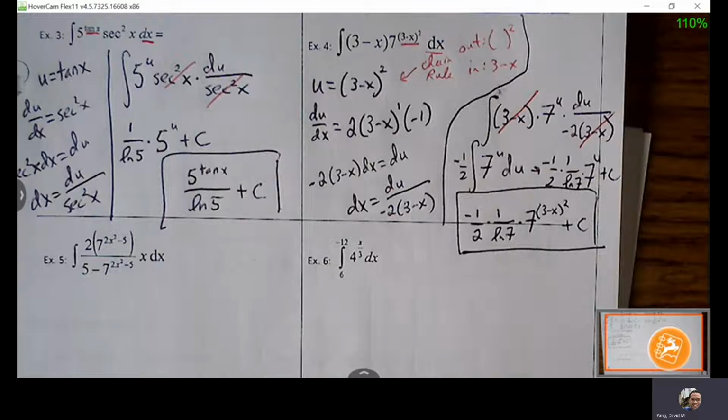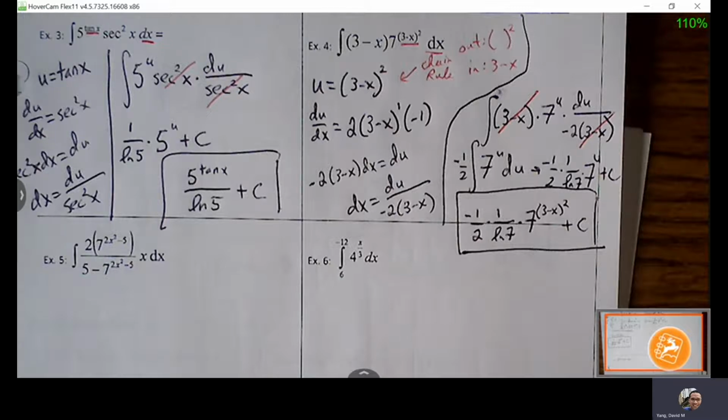Okay, number 5, you see how much more complex number 5 looks? So usually the general rule of thumb is the more complex the problem, the bigger your problem is, the larger your u value has to be, right? In order to cancel out the remaining portions.